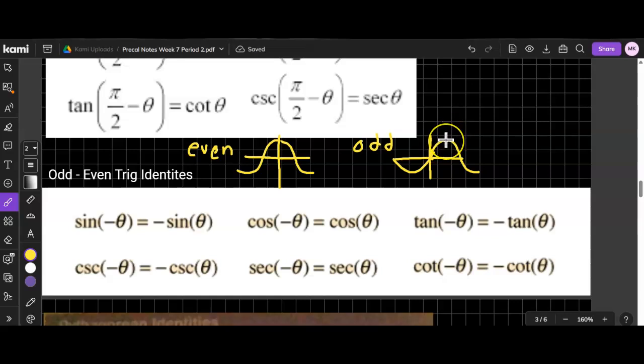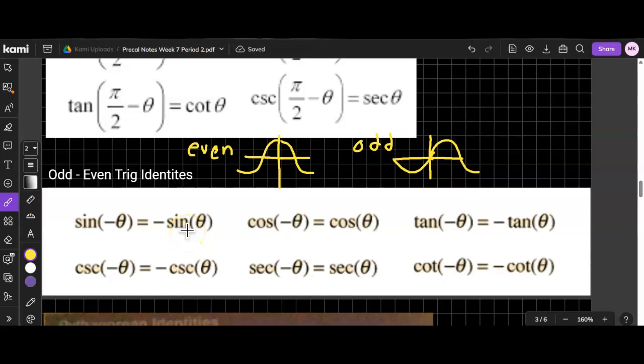So a positive x value has a positive y value, whereas you have the same value when you go left but down. So a positive x would have a positive y, but you'll have the same number, negative x and negative y. That's the reason that if you have a negative outside of your sine, that's the same thing as having a negative on the inside of your sine. The negative x is the same thing as having a negative y.